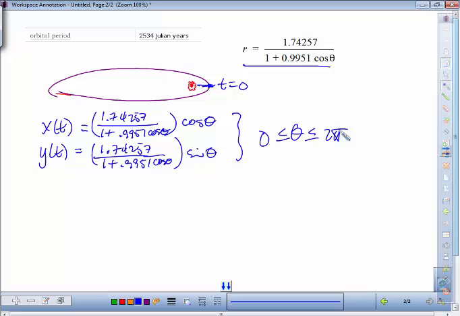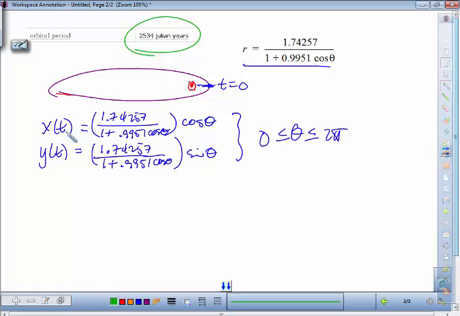So from 0 to 6 point something, this is going to make one revolution. But our task is to make the revolution take not 6.28, whatever 2 pi is, but 2,534. So what do we need to do to scale that, or to rewrite our function so that it takes this long to go around? Any ideas?